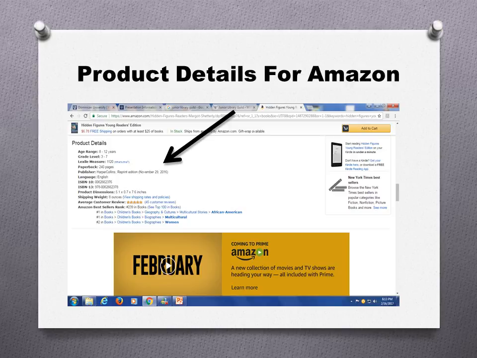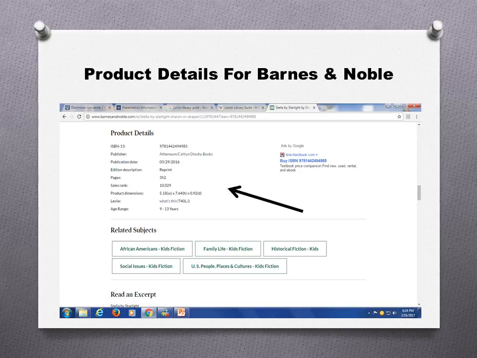The same thing goes for product details for Amazon: age range, grade level, and Lexile score or measure, and paperback, how many pages. And the same thing goes for Barnes and Noble.